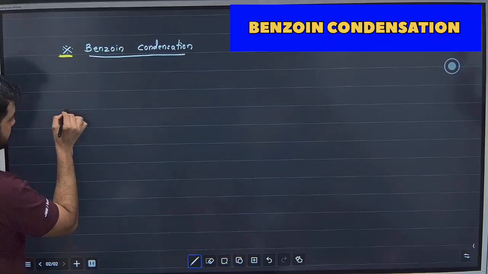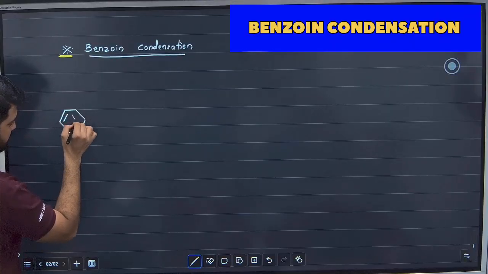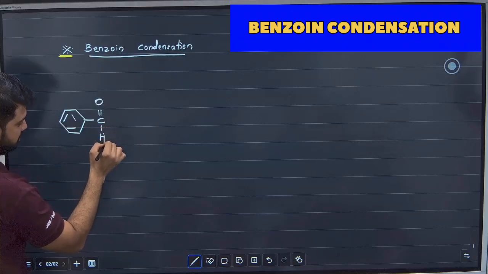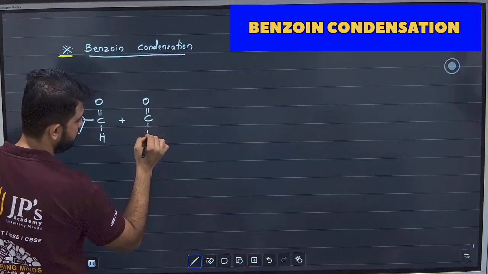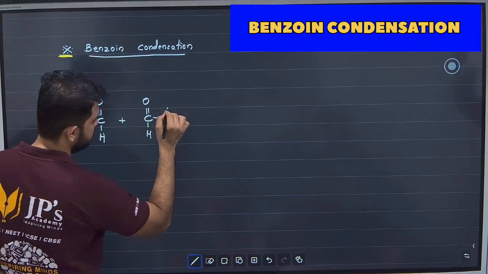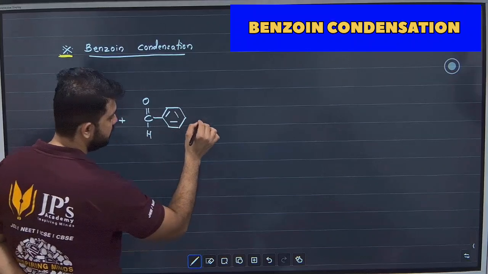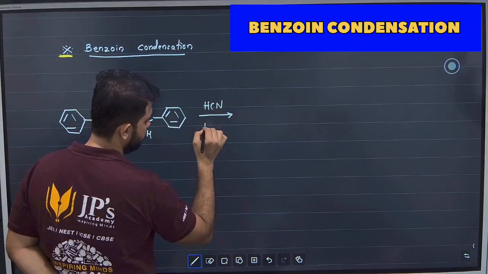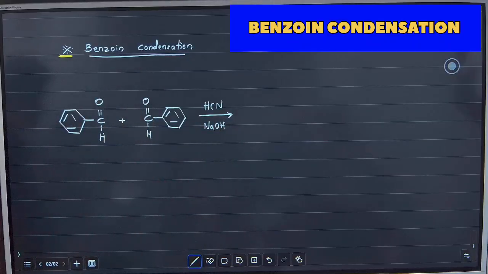I have benzaldehyde, ठीक है. I need 2 units of benzaldehyde. I need CN minus as my nucleophile, so HCN in the presence of NaOH will produce nucleophile CN minus.